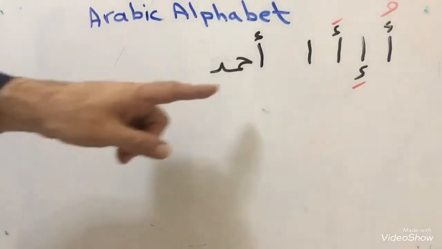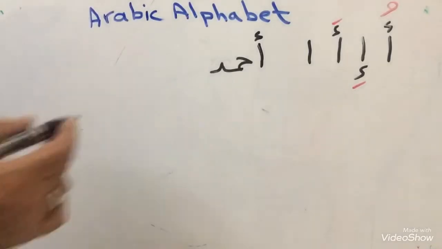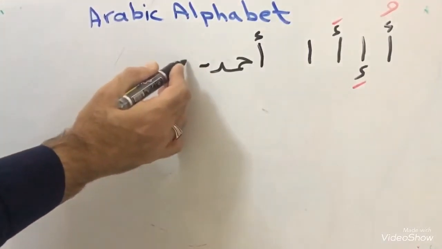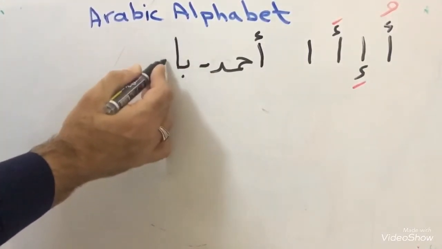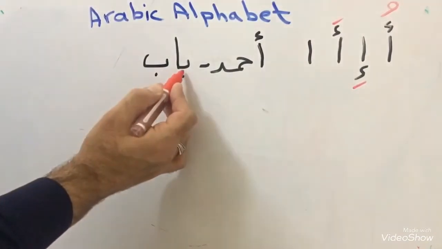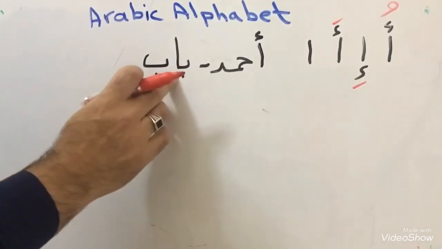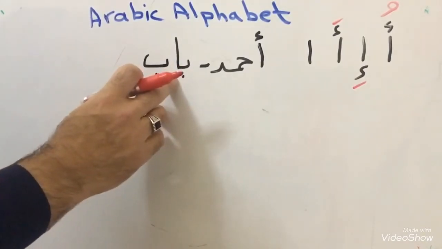We can see that Alif comes at the beginning of the word. In the middle we have an example like Bab. Bab means door. We can see how Alif joined Ba. So Alif comes in the middle of the word.